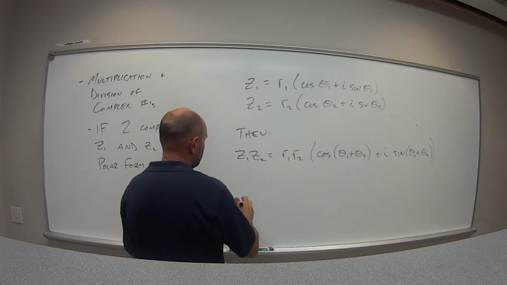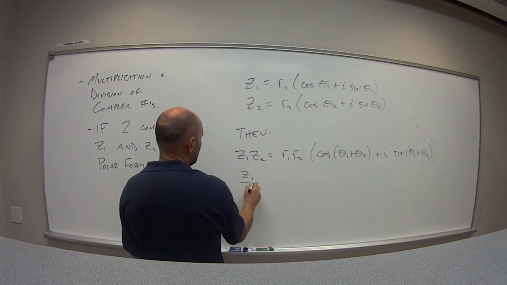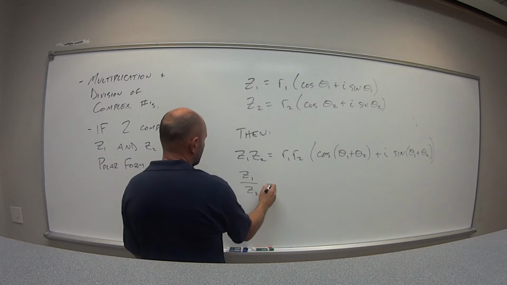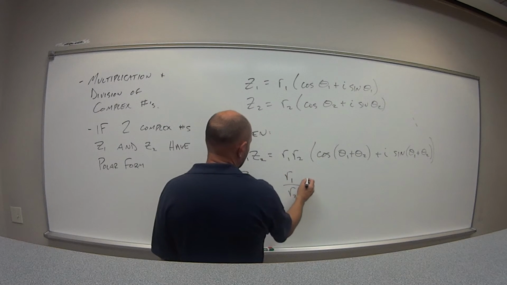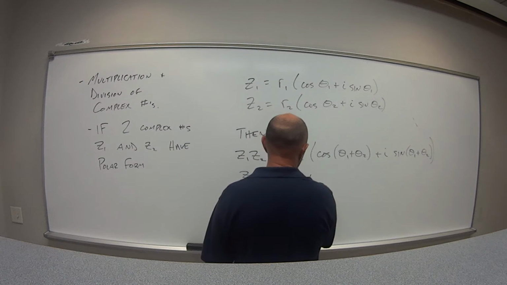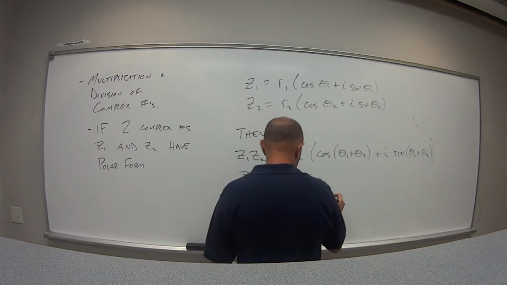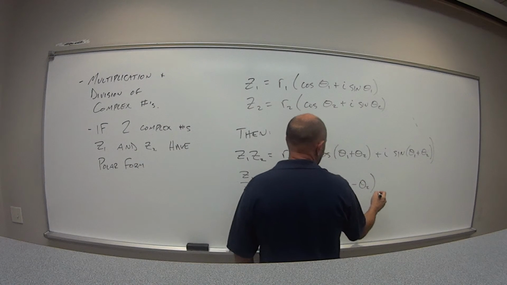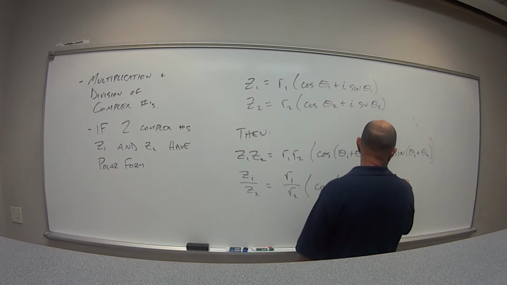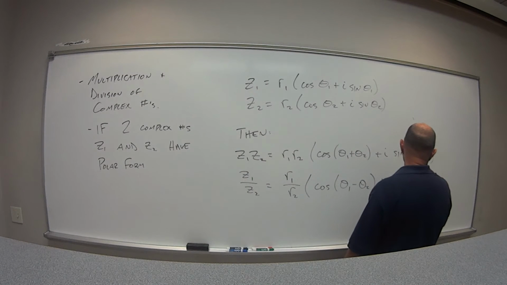For division, if we have Z1 divided by Z2, this is R1 divided by R2 times cosine of theta 1 minus theta 2 plus I sine theta 1 minus theta 2.